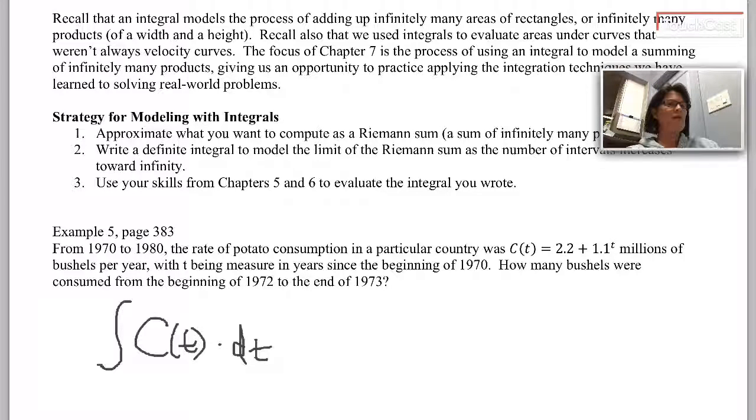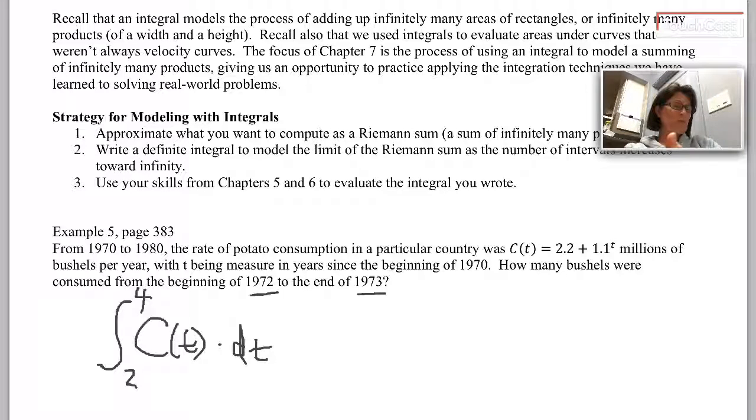If 0 is the beginning of 1970, then 1 is the beginning of 1971, and 2 is the beginning of 1972. And I want to go to the end of 1973, which occurs simultaneously with the very beginning of 1974. So that's going to be time 4.